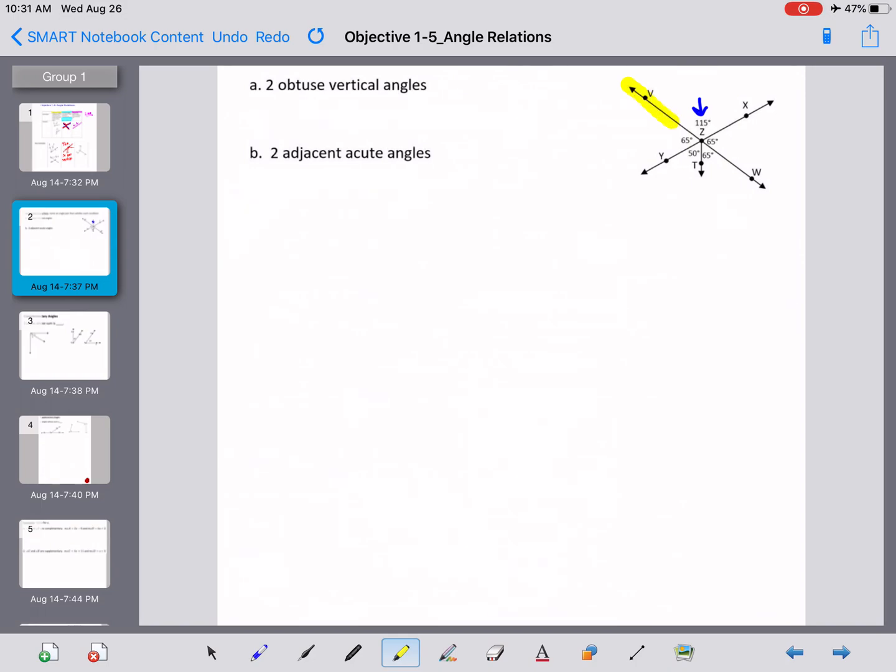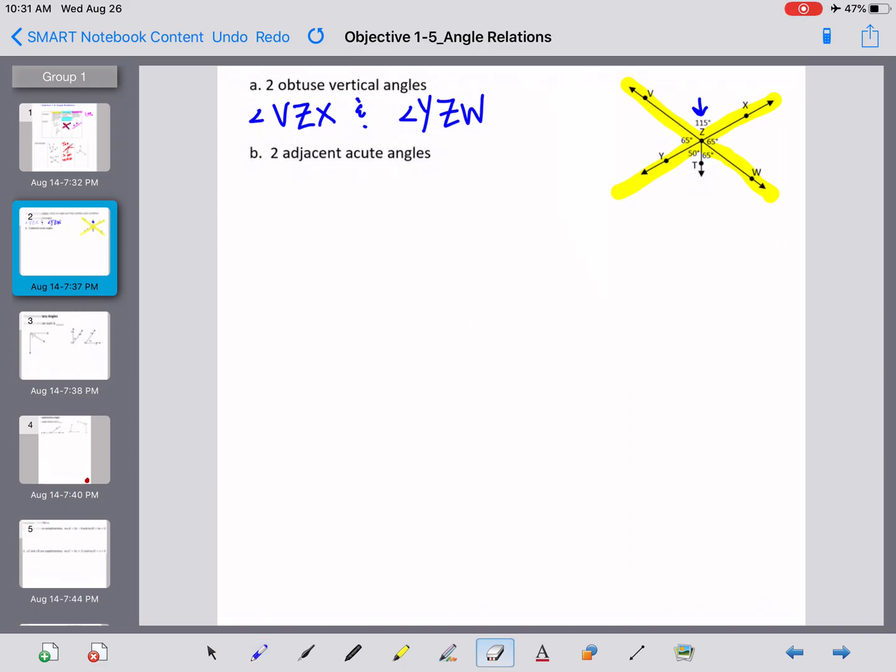If we look at angle VZX, that's obtuse. And what is across from it? Well, that would be YZW. So angle VZX and YZW, those are two obtuse vertical angles.